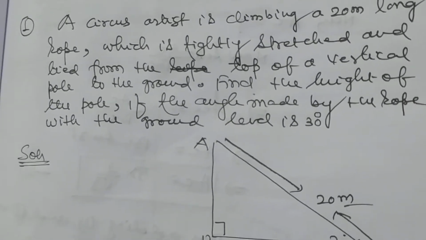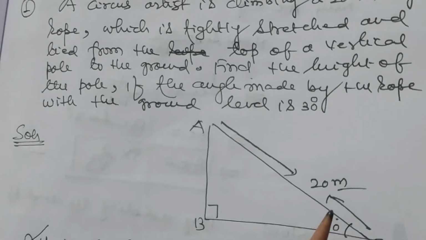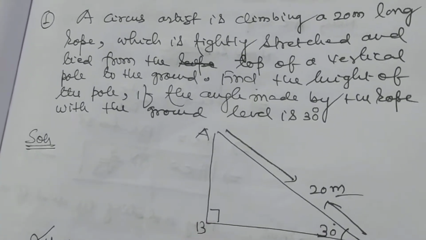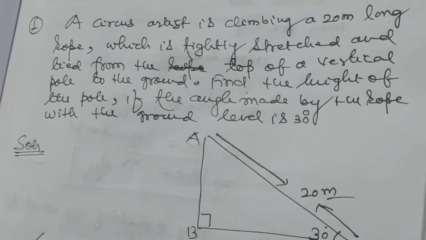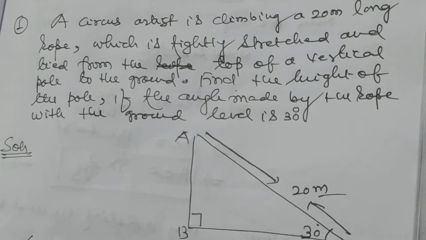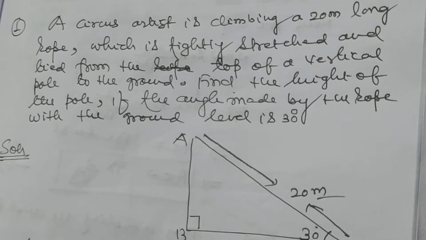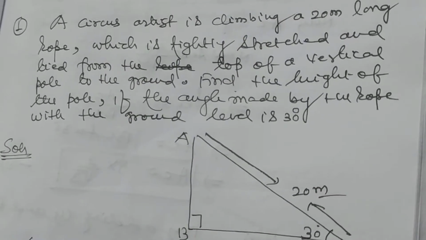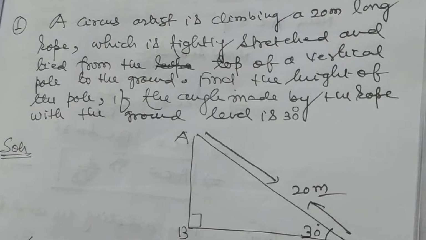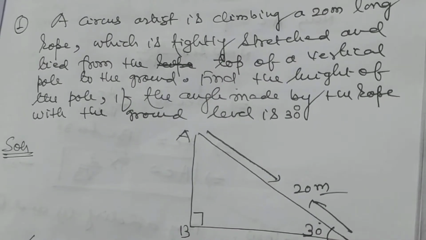And here the main point is what you have to find out. Suppose ABC is a right angle triangle. You have to find AB and BC is given. So what you have to find, you must take in the numerator. And what is given, you must take in the denominator.